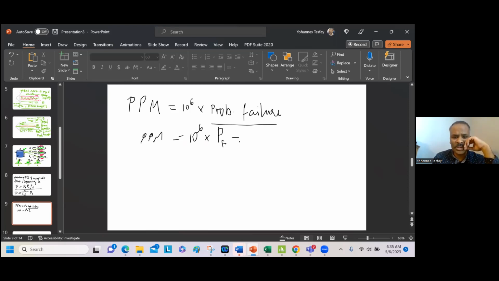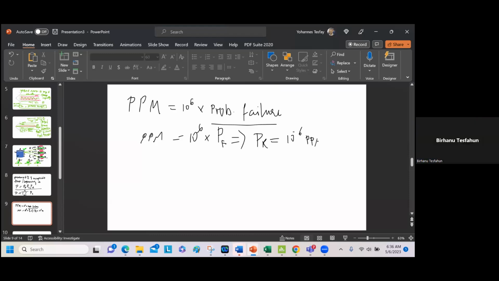Then this implies probability of failure equals 10 to the power of minus 6 times ppm, isn't it? Yes. Then this is probability of failure.